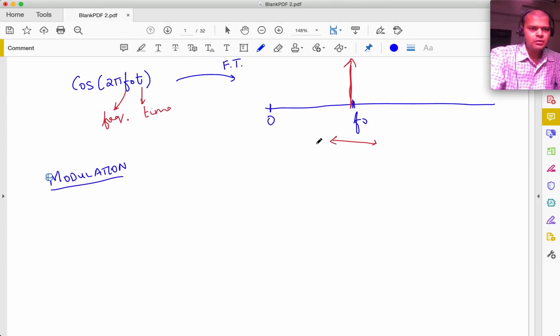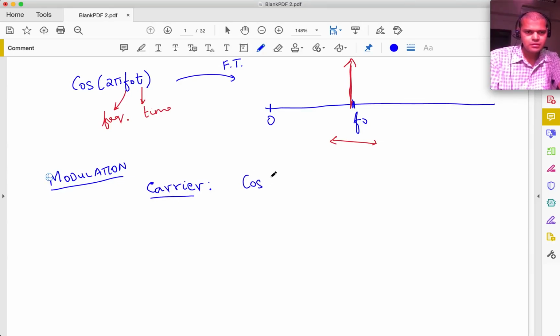So how could we do this? Well, one way to do it is that we change, let's say suppose our base signal is something like this, what is called a carrier signal. So how can we change this? So we can think about it.